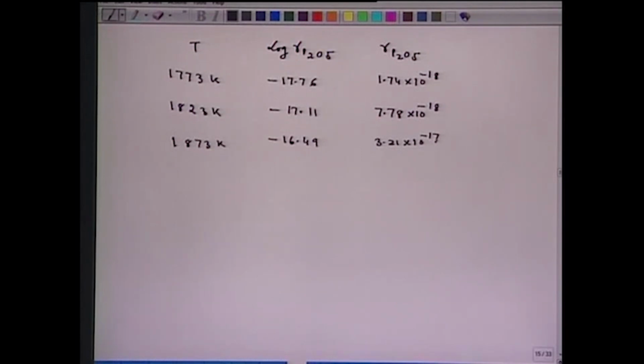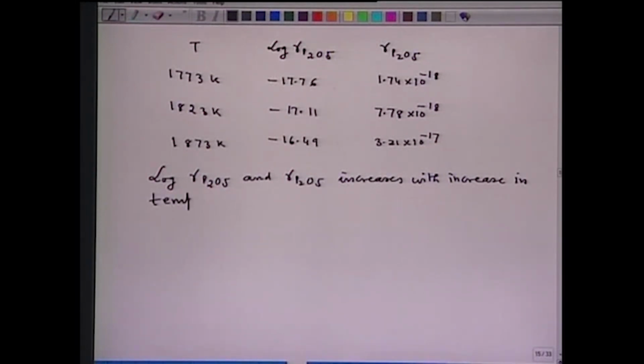Now, what is the conclusion? The conclusion is that log gamma P2O5, and hence gamma P2O5, increases with increase in temperature. So, what does it follow from here?